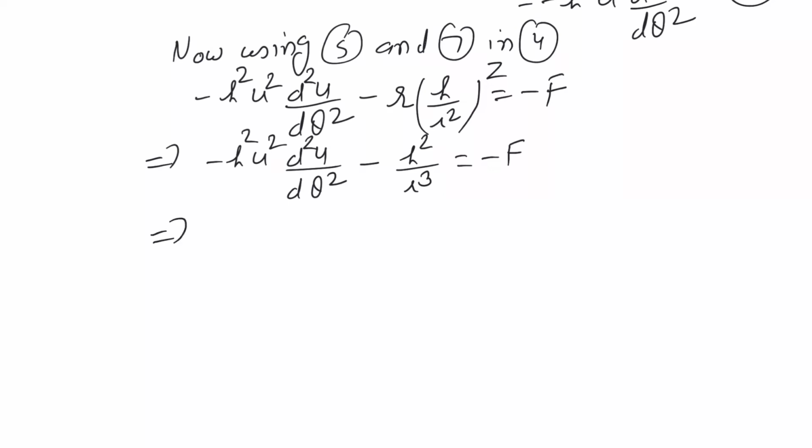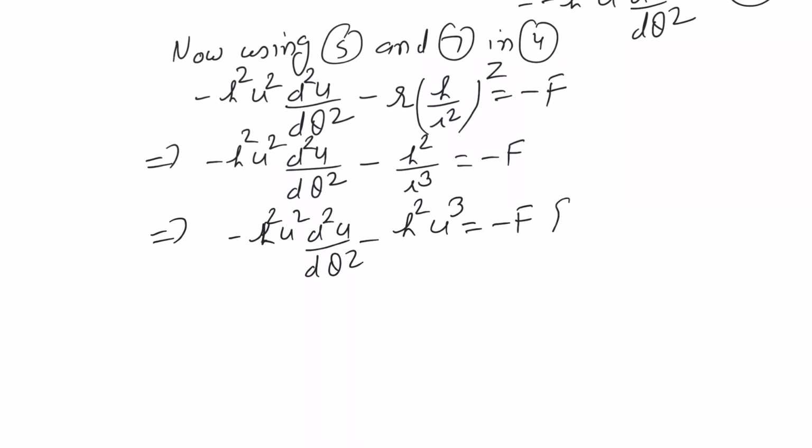This implies minus h square u square d square u by d theta square minus h square u cube is equal to minus f, because r is equal to 1 by u.